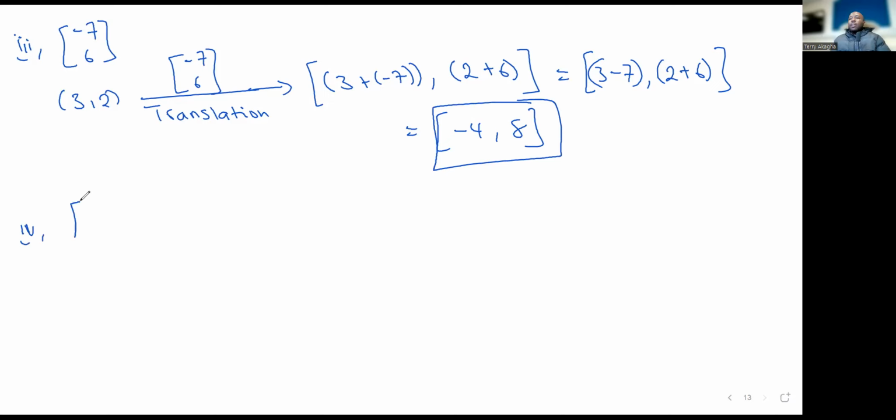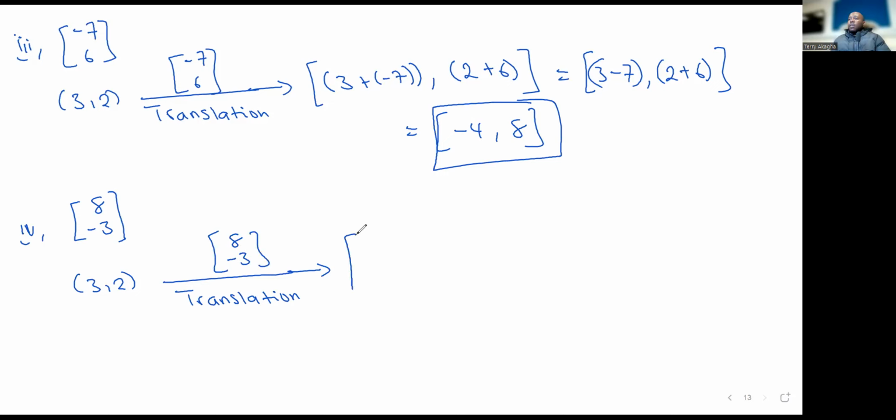Then the last one, we have 8 and minus 3, the same thing. We have 3 and 2 undergoing a translation of 8 and minus 3. So it's going to give us 3 plus 8, and we're going to have 2 plus minus 3.